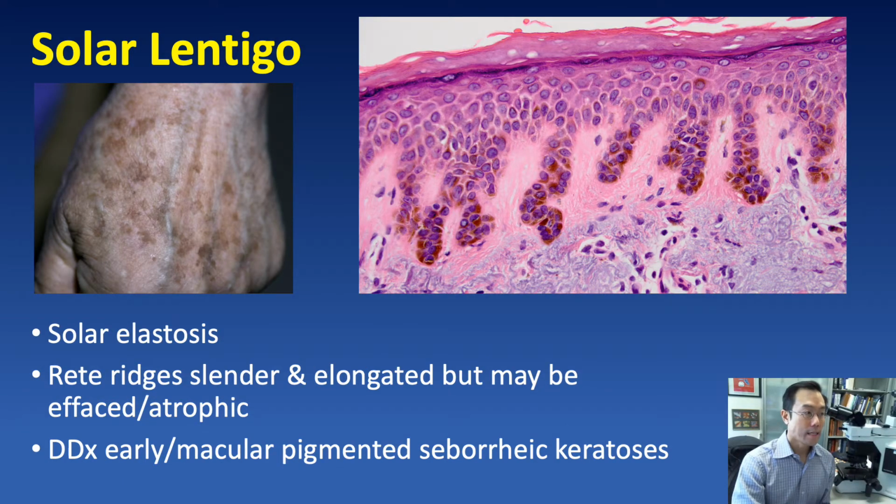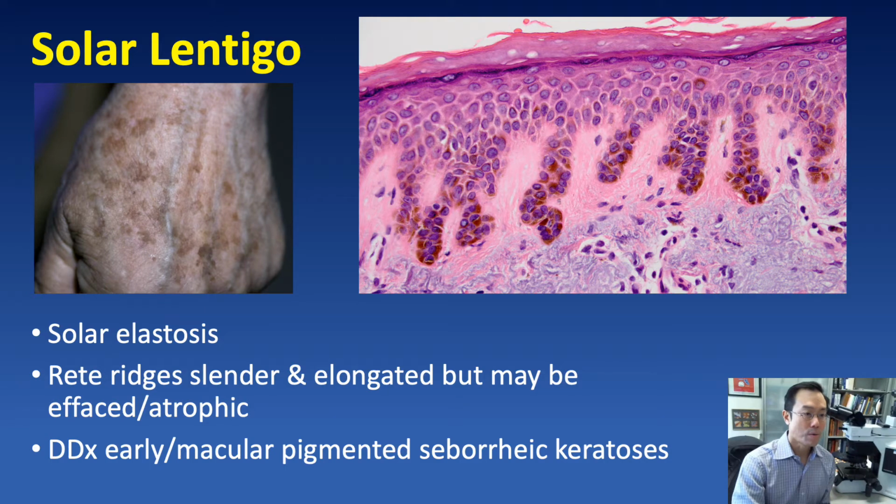So solar lentigo is worth taking a look at. These are sometimes present on a spectrum with early or macular pigmented seborrheic keratoses, although while SKs don't always have to occur on solar elastotic skin, by definition a solar lentigo does.